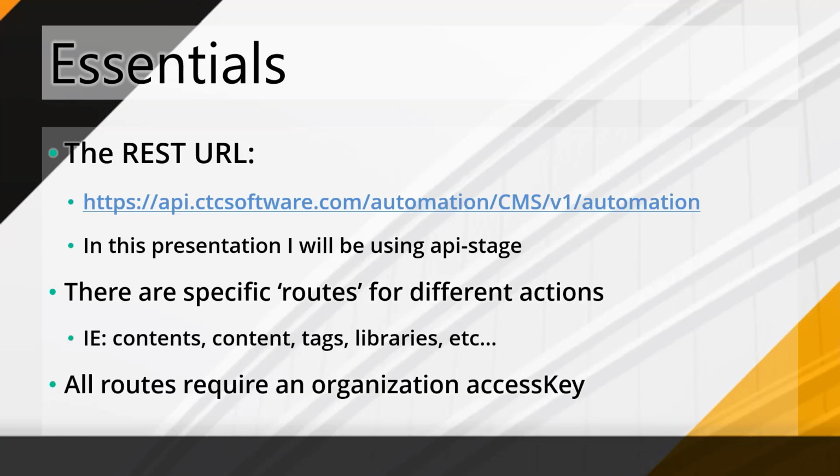But every single one of these routes, to be able to access them, to get any data or push any data, it's going to require that organization access key that we talked about as a prerequisite. So we're going to be using that as we go through. I'll be showing the structure of a lot of these core and key items as we go through them. But I just want to make sure that you understand that access key is going to be something that we're going to be passing almost every single time, actually every single time in the Automations API.